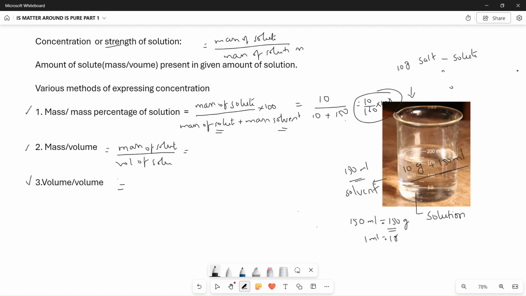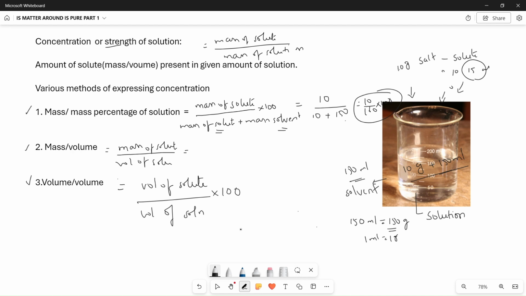You can take examples like 10 ml of a liquid mixed in 100 ml of water, or 15 ml of alcohol mixed in 150 ml of water. The solute can be a liquid. In that case you can use the formula volume of solute divided by volume of solution, into 100. In this way you can calculate the concentration or strength of the solution in three ways.